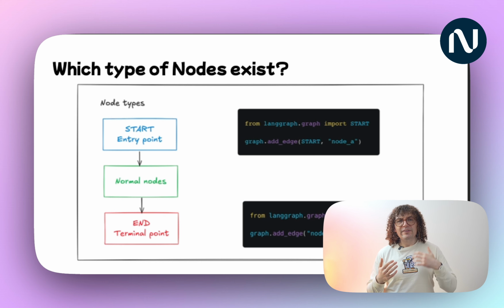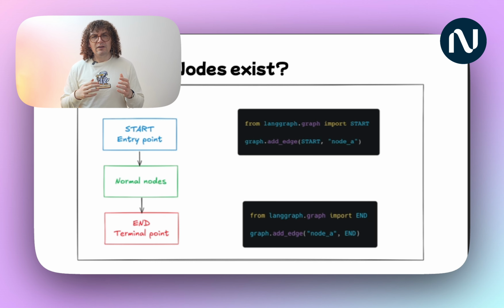Are there other types of nodes? Is it only one node that we can have access to? Not really. There are really three core types of nodes. We always need a start point, an entry point. For that, LangGraph already provides a start indicator that we can import. And the same goes for the end one, the terminal point.